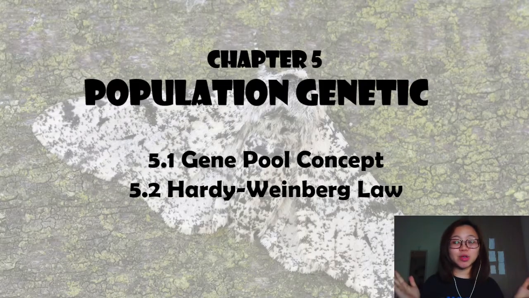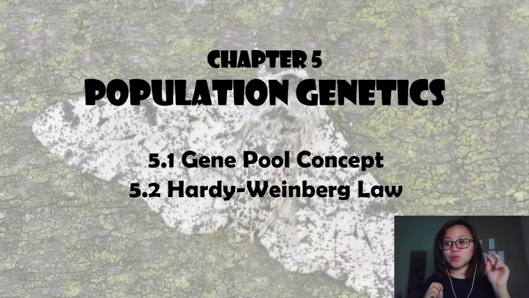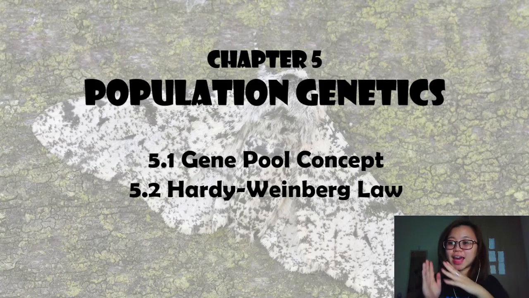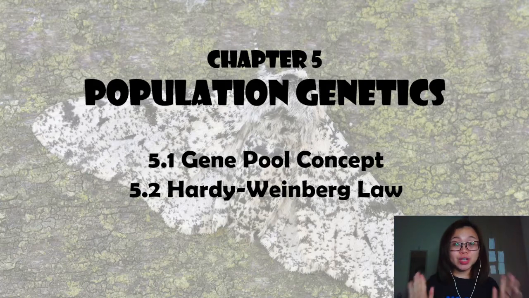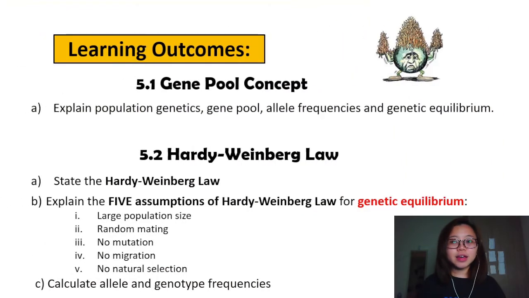So in this chapter, we have two subtopics, which are gene pool concept and the Hardy-Weinberg Law. There are two subtopics, but this is a really short chapter, so we're only going to have one video for the whole of it. There are about 4 learning outcomes in this chapter. In 5.1, you will learn about the gene pool concept, and in 5.2, you learn about the Hardy-Weinberg Law.